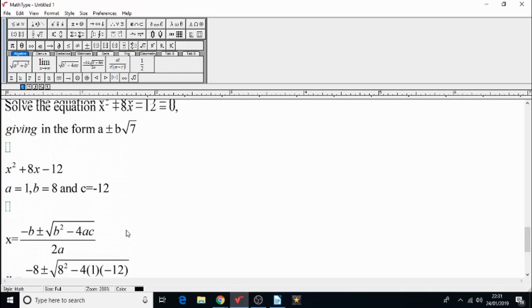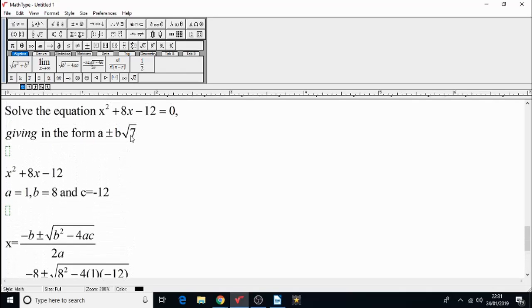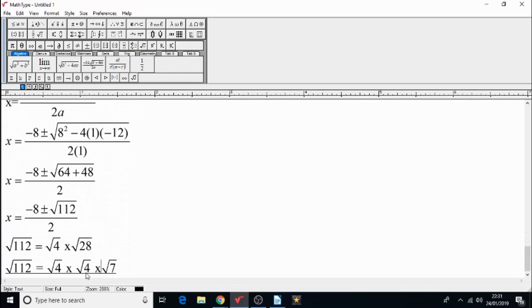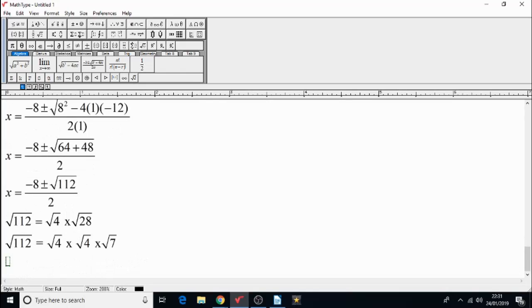And remember, the question's asking us to put it in this form, so we know the square root of 7 has to be there. Square root of 4 is 2, so the square root of 4 multiplied by square root of 4 is 2 multiplied by 2, which is 4. Multiplied by square root of 7, that would be 4 root 7.